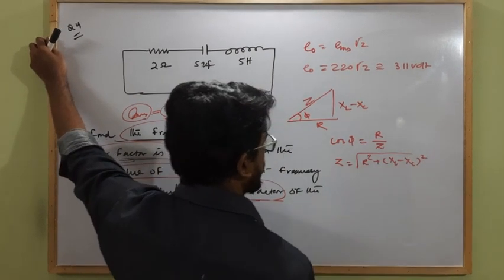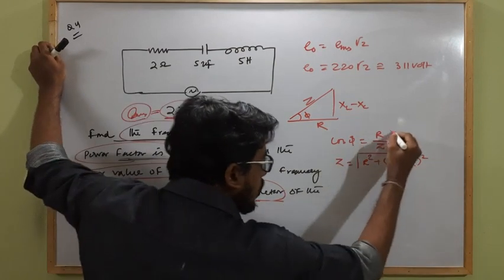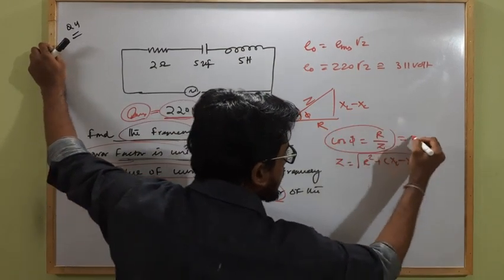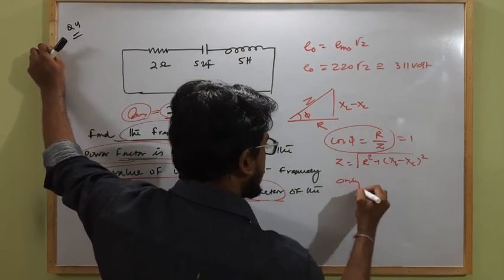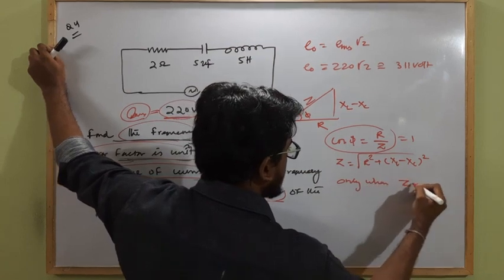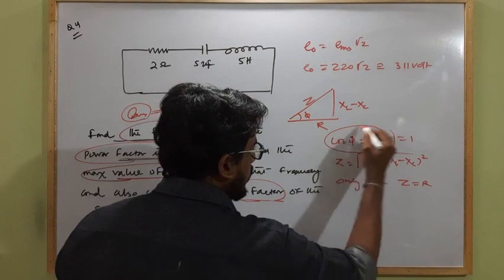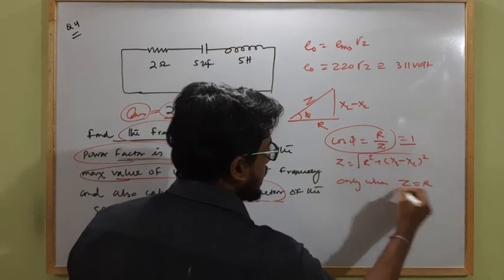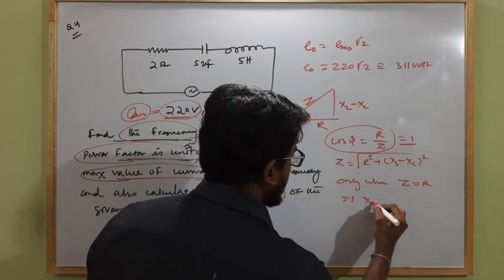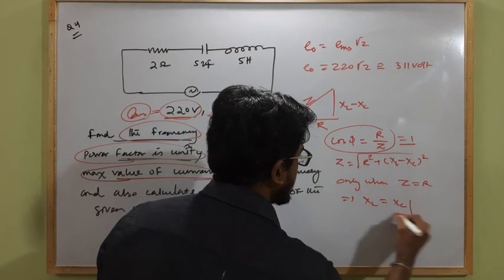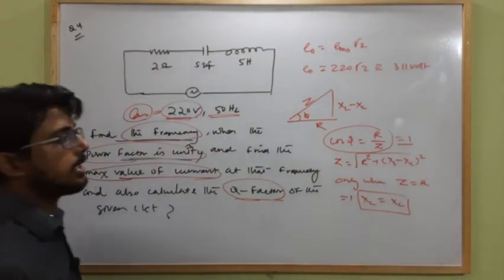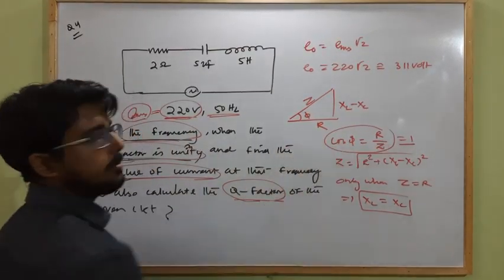Clear? So this term will be unity only when Z equals R. So the power factor will become unity only when Z equals R, which implies XL equals XC.